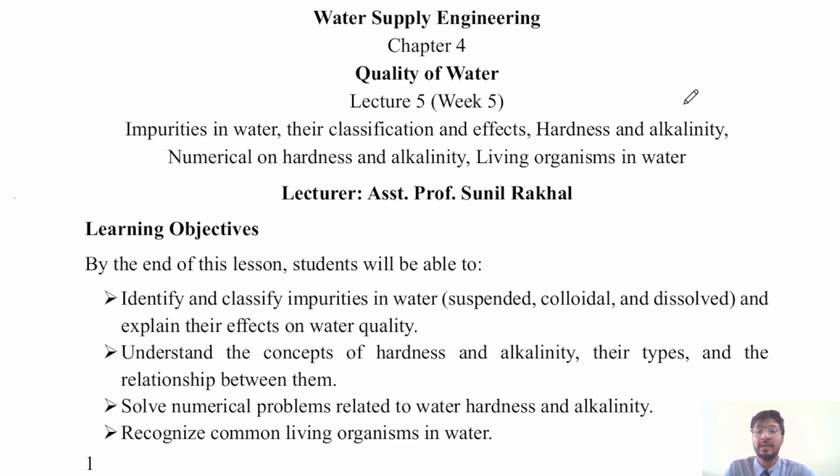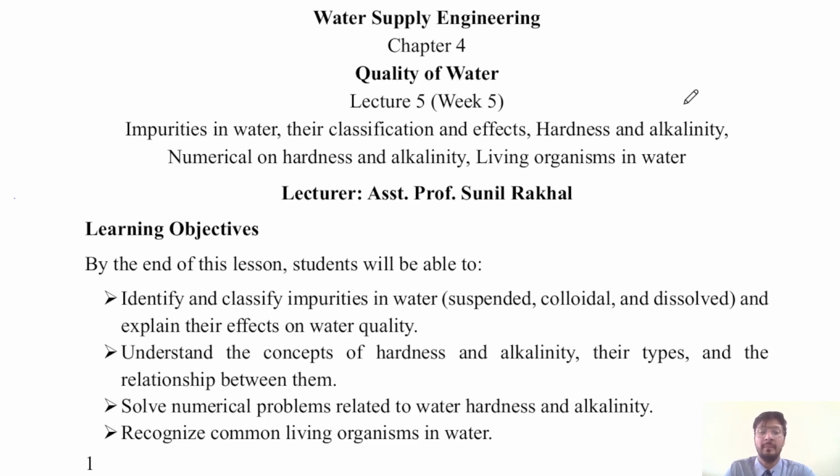Let me quickly walk you through what you will be able to do after today's class. First, you will be able to identify and classify various impurities in water and explain how they impact quality. Second, you will gain a solid understanding of hardness and alkalinity, their definition, types, and interrelationship.